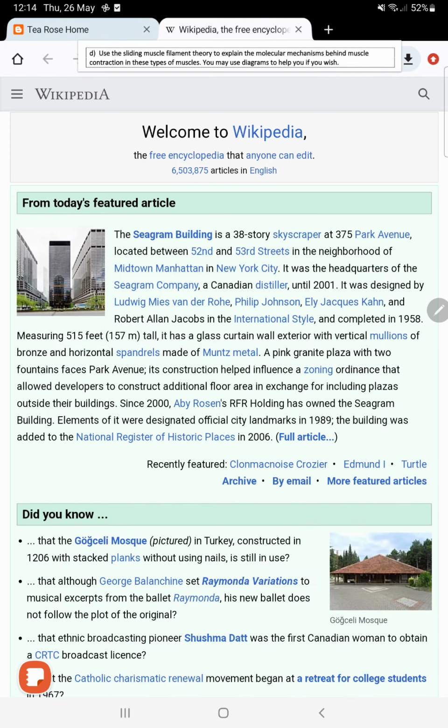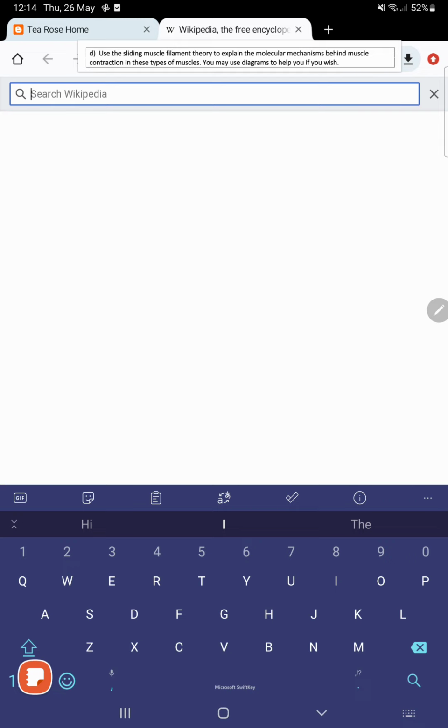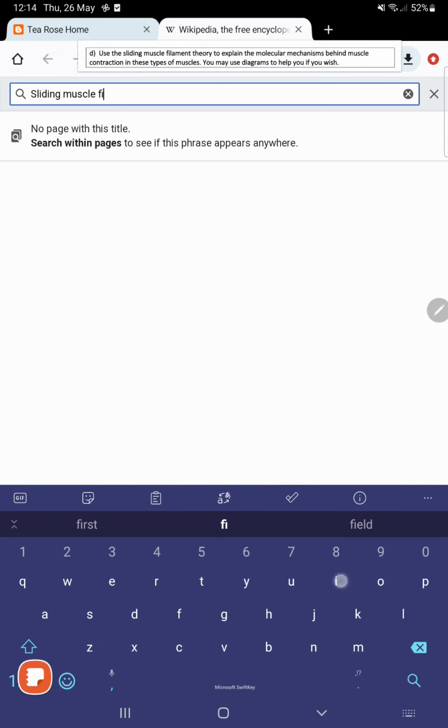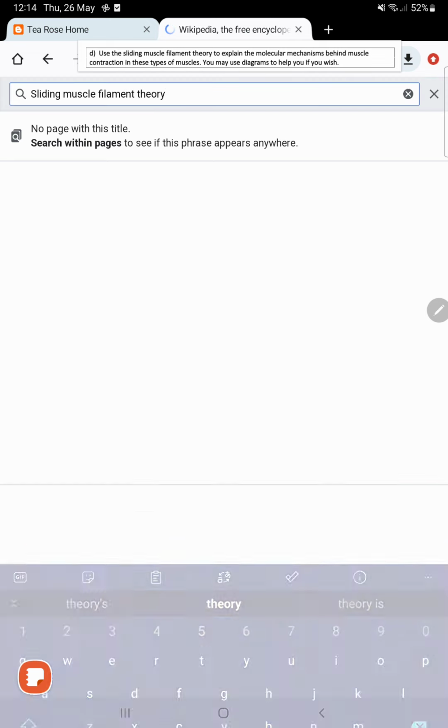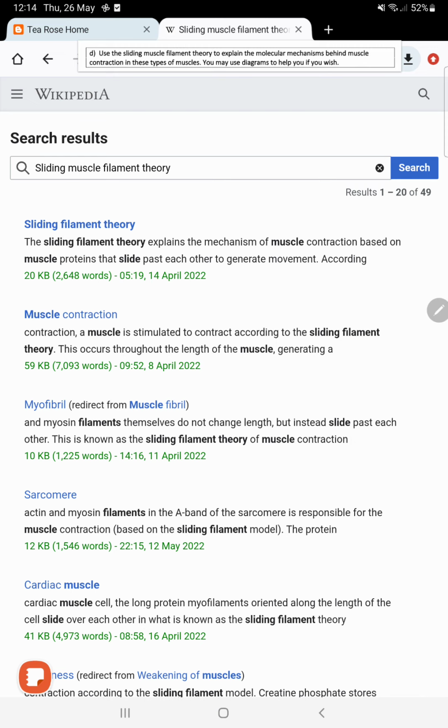And on Wikipedia, I'm going to search for sliding muscle filament theory. Now, hopefully, it's going to have something. Let's start as specifically as we can to save ourselves time. Oh, there it is.